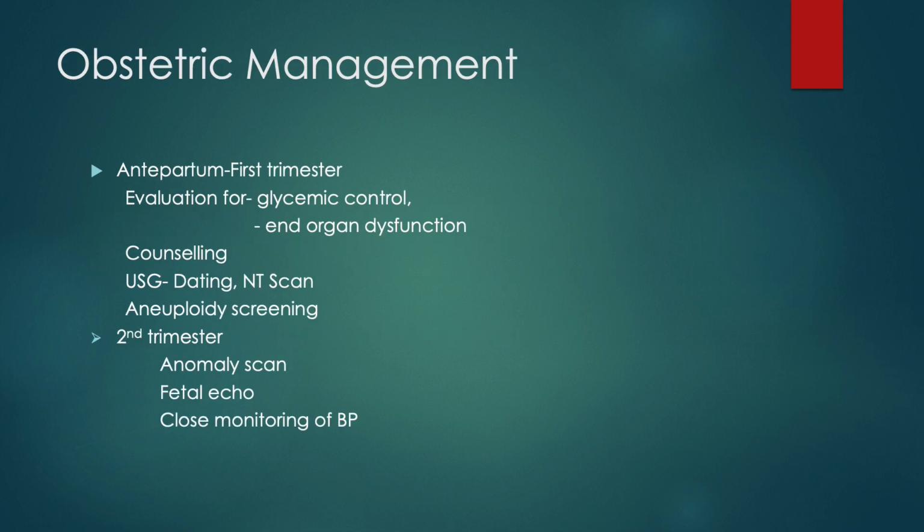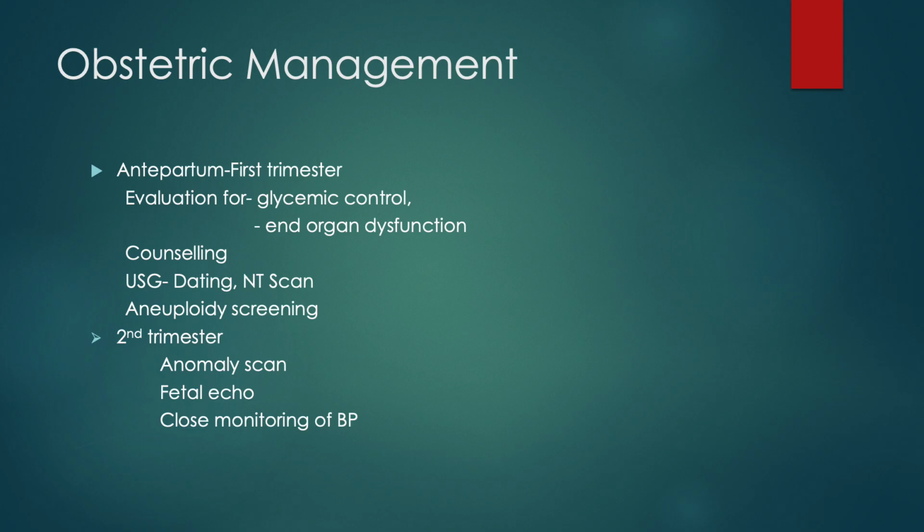When they are seen in the first trimester, they should be again evaluated for glycemic control and end organ dysfunction. If they haven't come for a preconception counseling, this time should be used for counseling, as we have already mentioned in the preconception counseling.